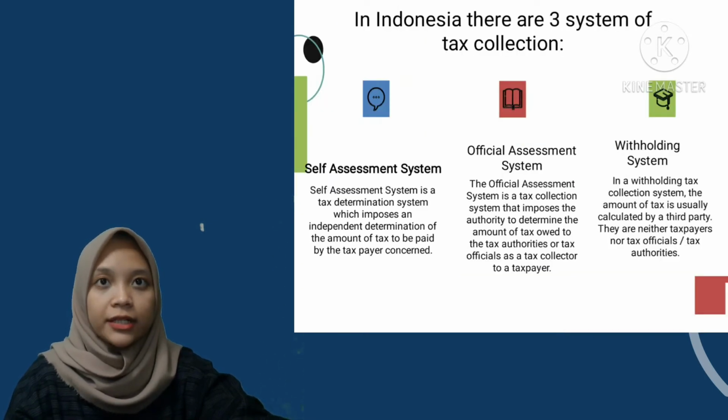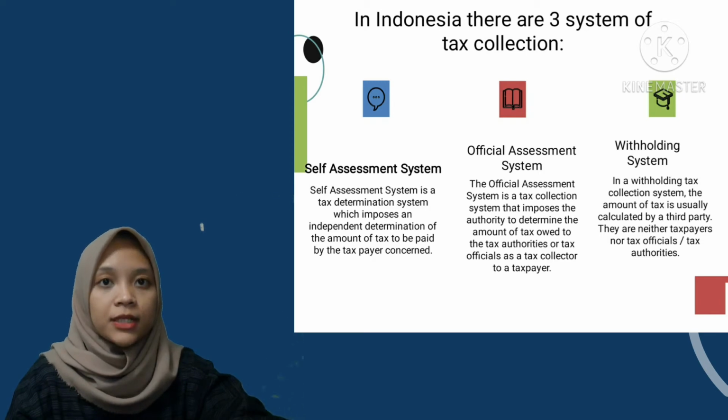In Indonesia, there are three systems of tax collection. Number one is self-assessment system. Number two is official assessment system. Number three is withholding system. The self-assessment system is a tax determination system which imposes an independent determination of the amount of tax to be paid by the taxpayer concerned.